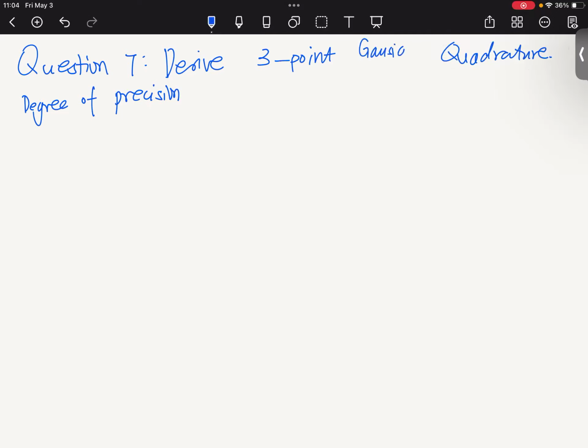The degree of precision is just 2 times the number of points you use, minus 1, right? 2n minus 1. The n here is 3, minus 1, which means that we have a degree of precision of 5.